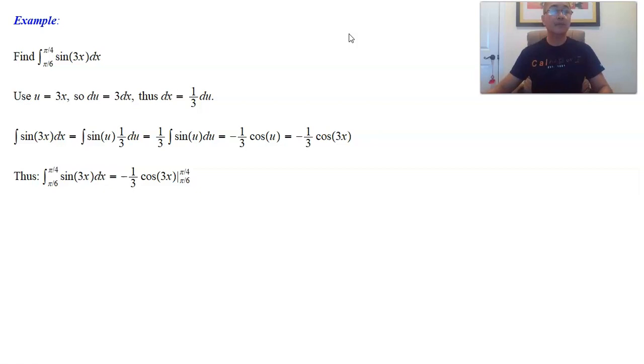There we go. So what do we get? The minuses are always dangerous. So we start with the upper endpoint, pi/4, so negative 1/3 cosine 3 pi/4, and we subtract.